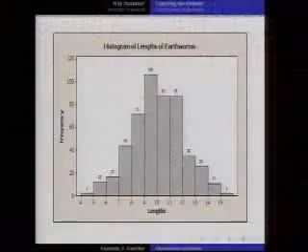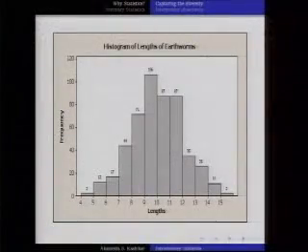Now I collected data on some earthworms and I plotted a graph. So this graph looks like this. Now what I can observe is, in my sample, the smallest length observed is 4 centimeter and the largest length observed is 16 centimeter. So it means that in my sample also I had a big variation. I had small earthworms which were having length 4 to 5 centimeter and big earthworms having length 15 or 16 centimeters.